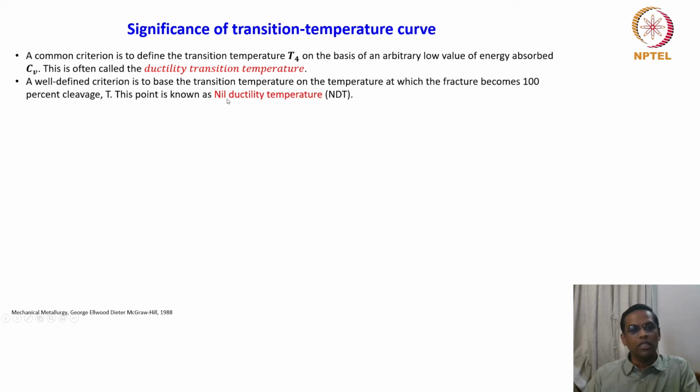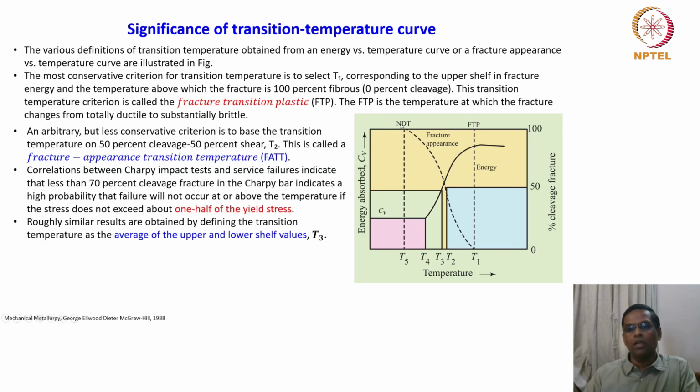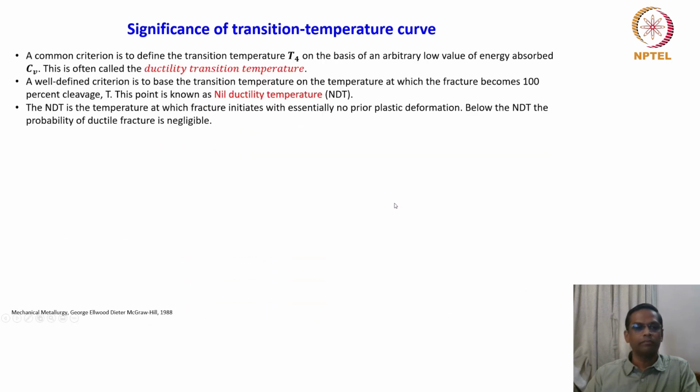This point is known as the nil ductility temperature. The NDT is the temperature at which the fracture initiates with essentially no prior plastic deformation. Below the NDT, the probability of ductile fracture is negligible.